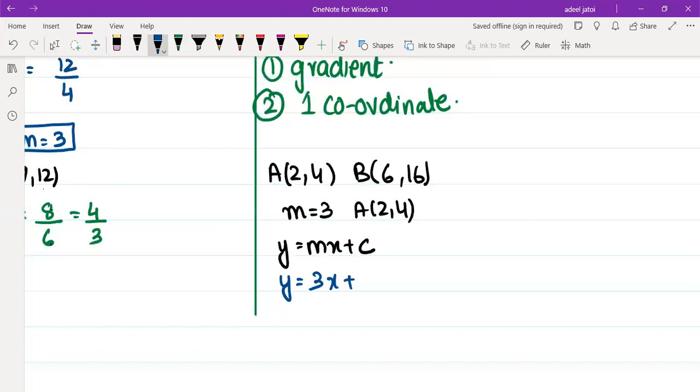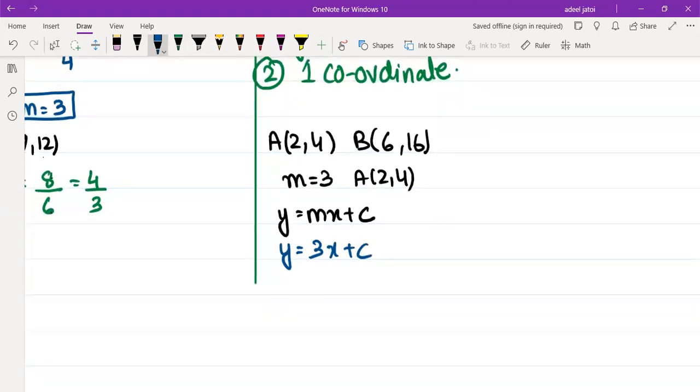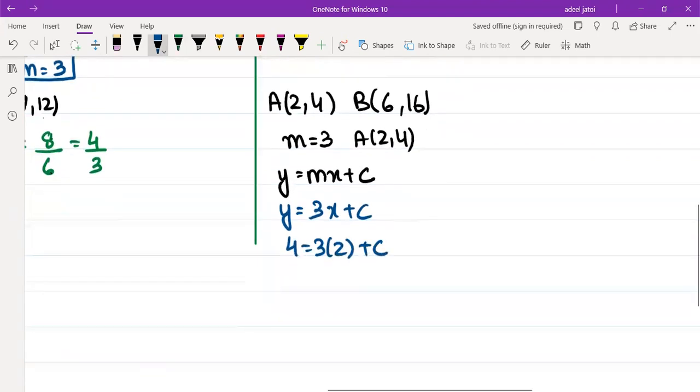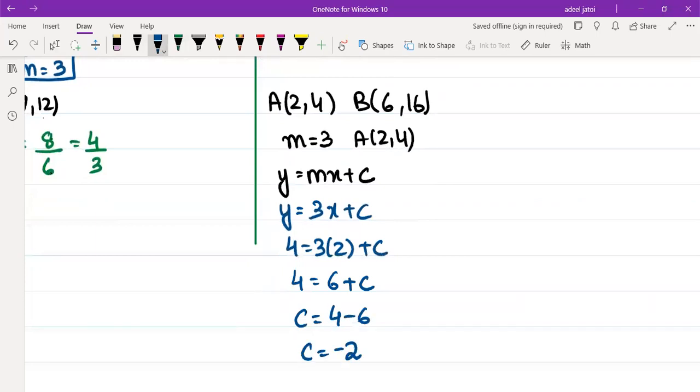Your m is 3. Since I chose (2, 4), your x is 2 and your y is 4. So 4 equals 3 times 2 plus c. Can I say 4 is equal to 6 plus c? Your c should be 4 minus 6, so c is minus 2.